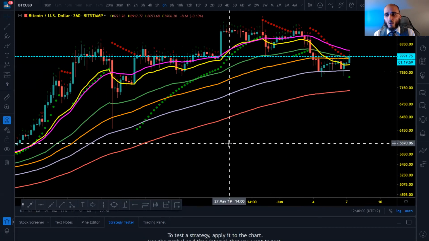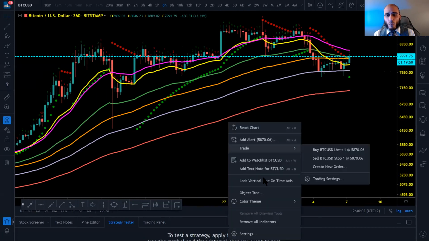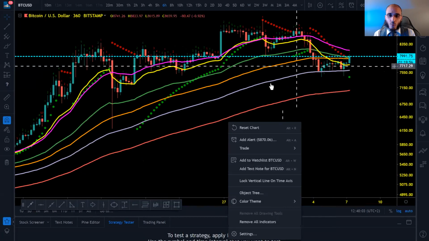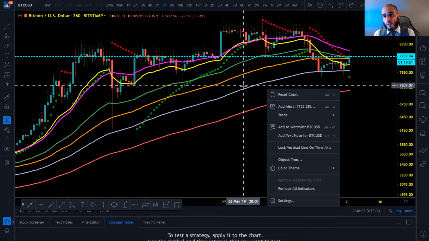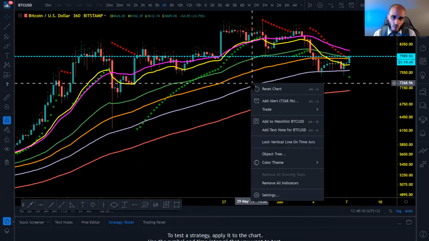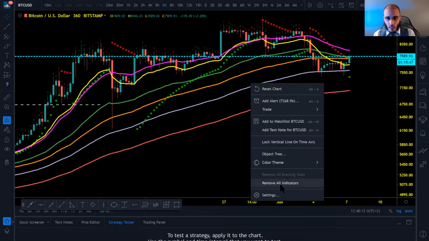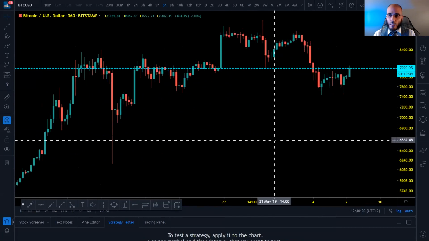Thanks a lot, TradingView. How great that you provide that kind of service to your customers. So I don't think it's my internet. My internet's working well. So it's TradingView that goes wrong when you leave the chart open for too long. Anyways, let's put the damn indicators back on.